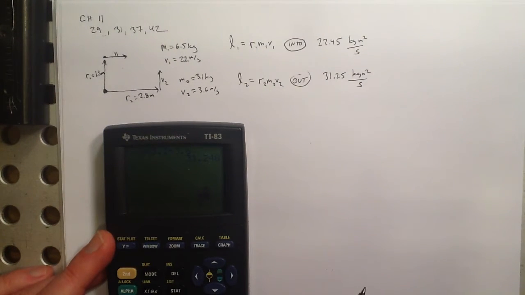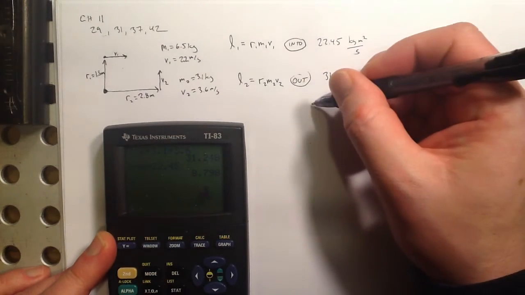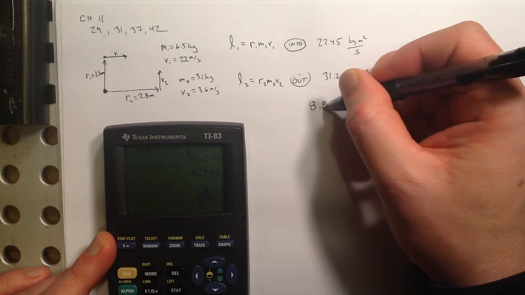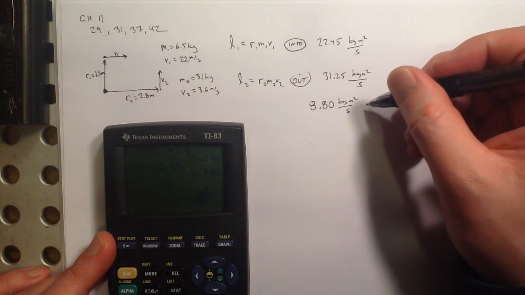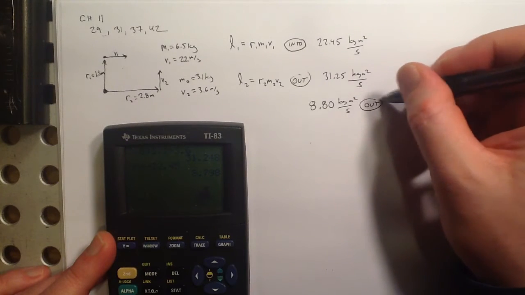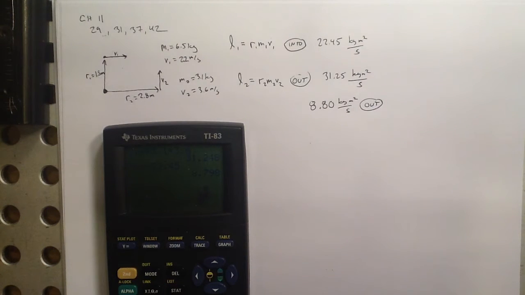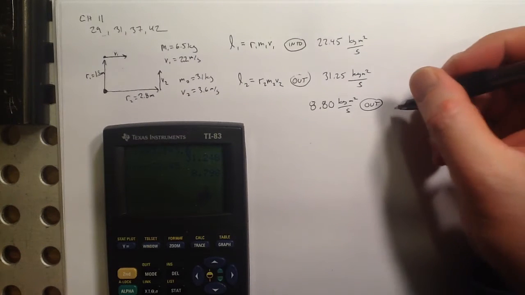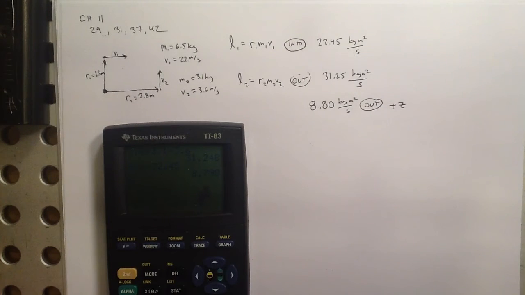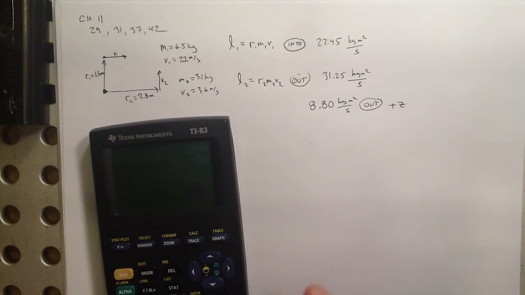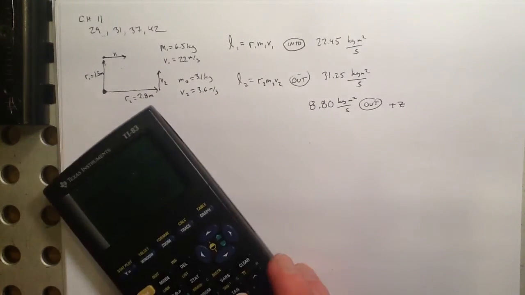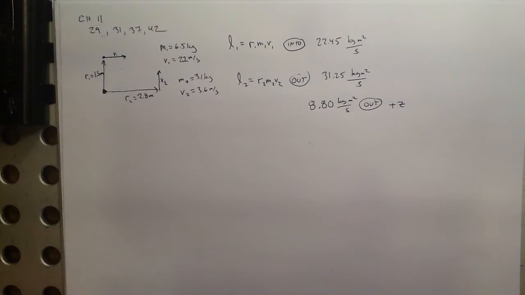So 31.25 minus 22.45 would be 8.80 kilogram meters squared per second out of the page, or in the positive z direction, you could call it, or however you want to say that. I don't care how you name that direction, out of the page, in the positive z direction, whatever, as long as you realize you have to subtract those, that they're opposite directions, and that makes me pretty happy.